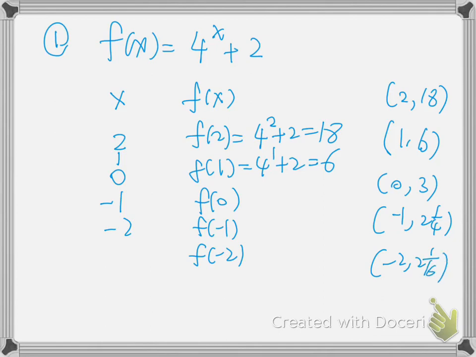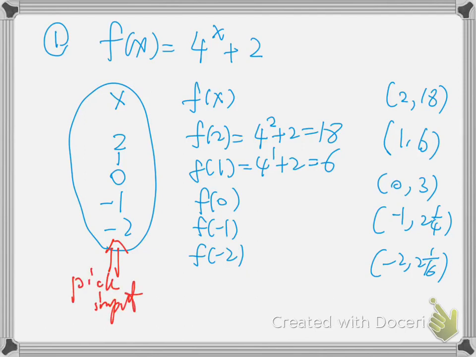Plot these points, draw a picture, and you get the answer. So the key point is, for the exponential function, we pick the input x part, get the corresponding 5 values of f of x, 5 points, and then draw the picture.